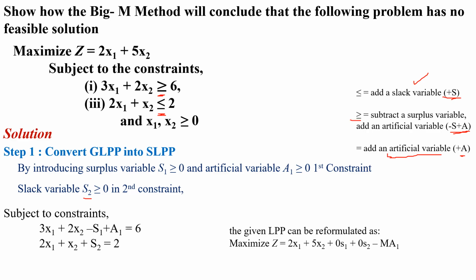Then the objective function will become z equal to 2x1 plus 5x2 plus 0S1 plus 0S2 minus M A1. Here the cost coefficients for slack and surplus variables are 0 and the cost coefficient for the artificial variable is minus M, and x1, x2, S1, S2, A1 are all greater than or equal to 0.